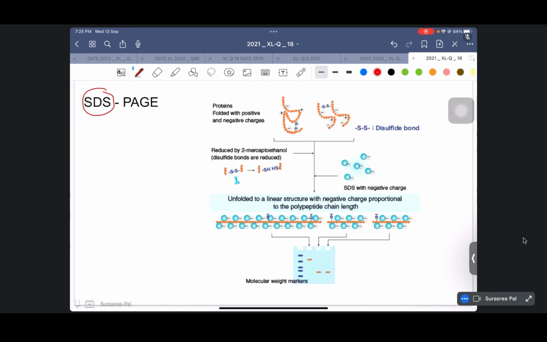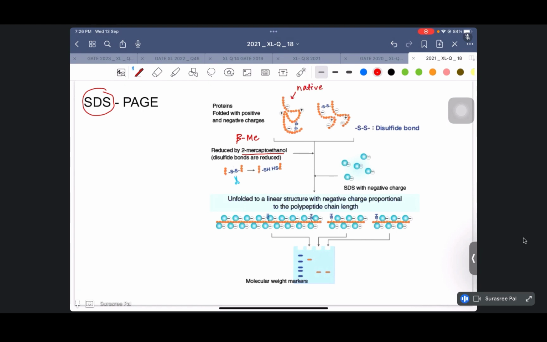Now before going to that, I would also like to discuss the role of 2-mercaptoethanol, which is also called beta-mercaptoethanol. We often write it as beta-ME. So what it does is that it reduces the disulfide bonds. Usually the proteins are in their native state.